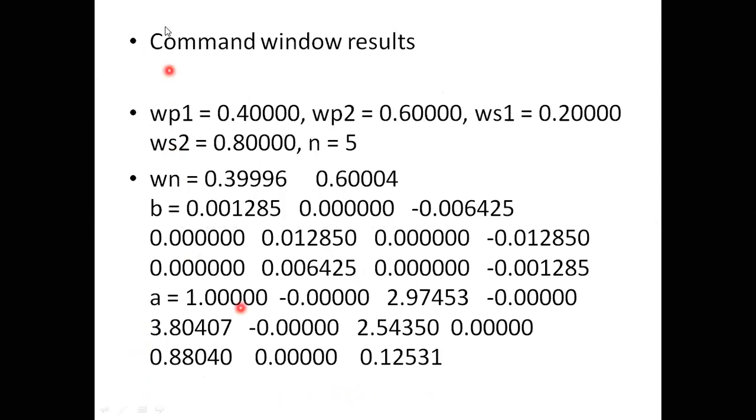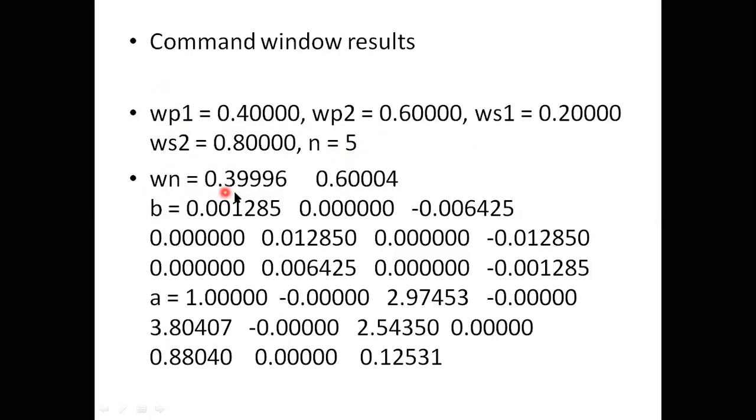So in command window, after running that band pass filter program, in command window you will get the result of this. This is your pass band omega p1, pass band frequency. See here, this is not in your hertz, this is in normalized frequency 0.4. Omega p2, omega s1, omega s2, and n. N is your order of the system. Omega n is your cutoff frequency.